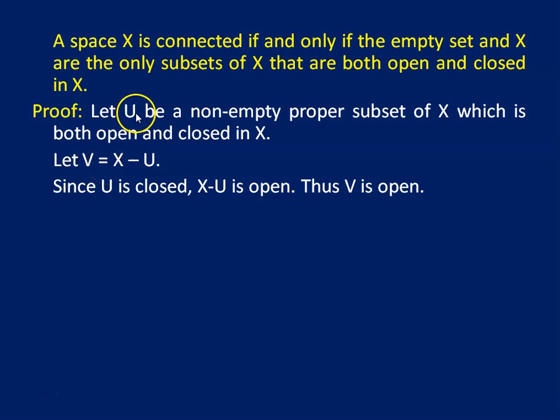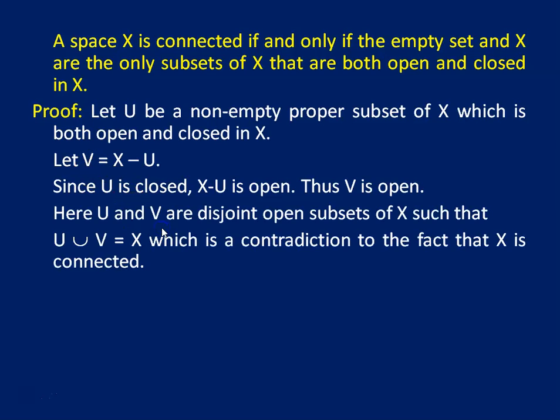Here we have taken U as a non-empty proper subset of X, which is both open and closed. Now here we have V, which is open in X. Since V is the complement of U, if we take U union V, that is our whole space. So here we have two disjoint open subsets U and V of X such that U union V is equal to X, which is a contradiction to the fact that X is connected, because here we have a separation.